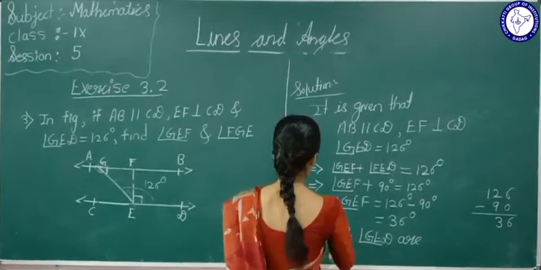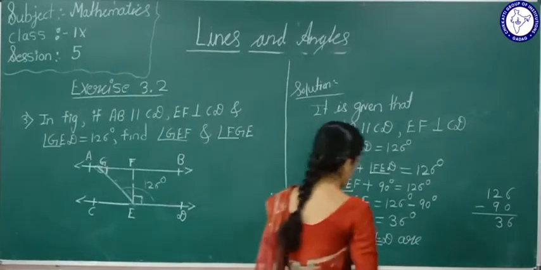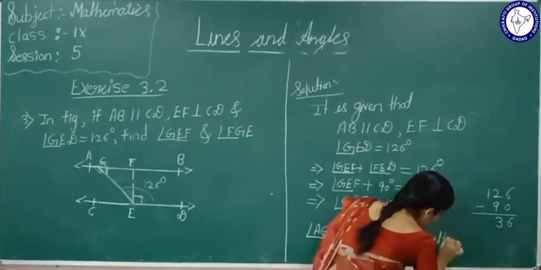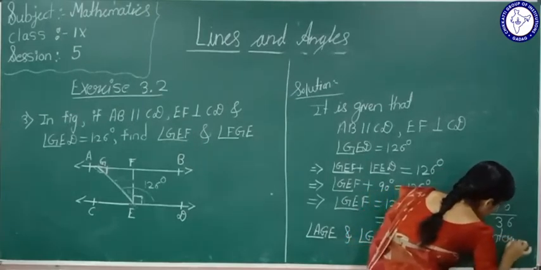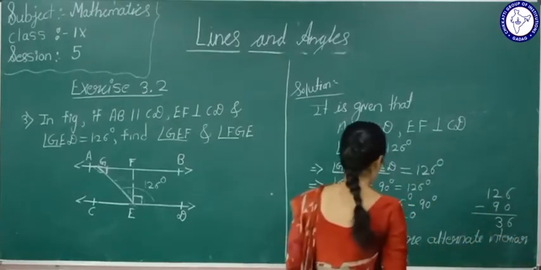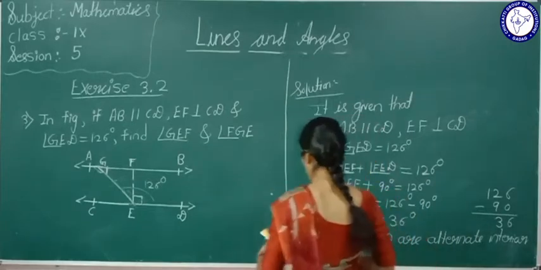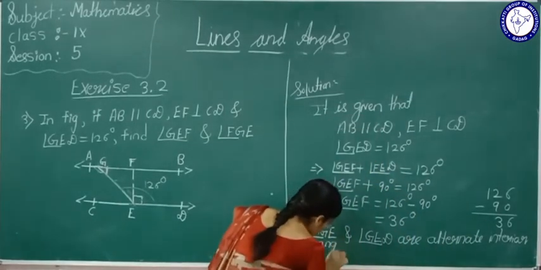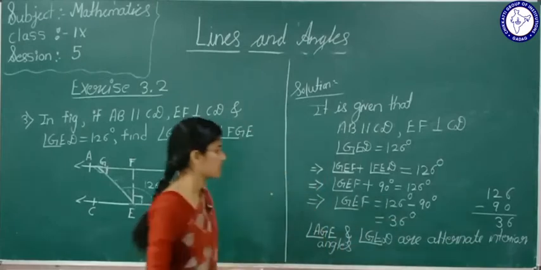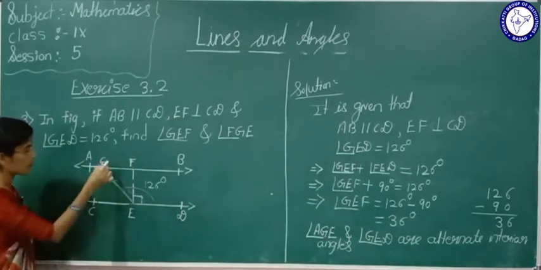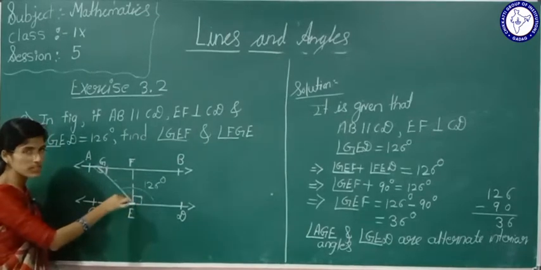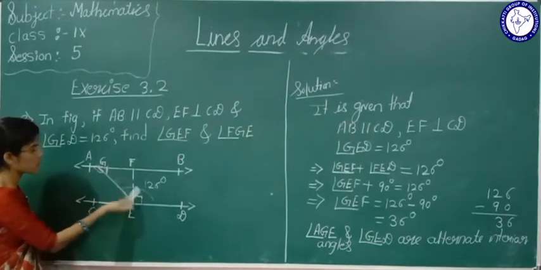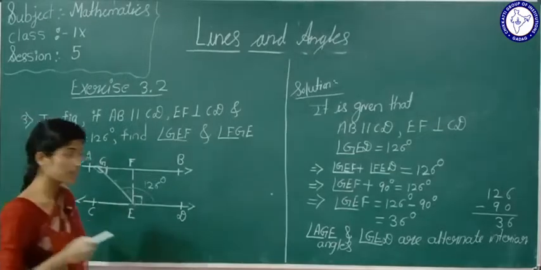Angle AGE and angle GED are alternate interior angles. Here two parallel lines are there and this line is acting as a transversal. Definitely these two alternate interior angles are equal.